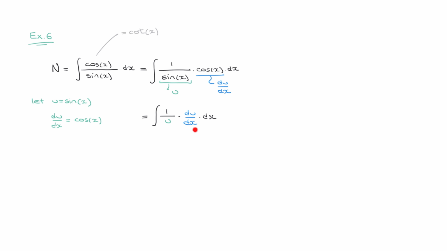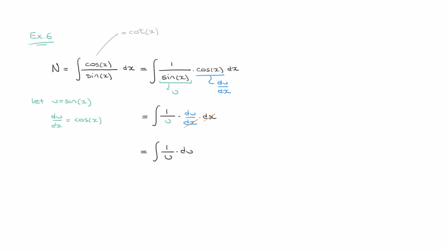And just as we said, the dx's at the end here will cancel each other out, so I can go ahead and cross those out, and we can see that our integral is equal to the integral of 1 over u with du at the end here. And looking at the line we have here, it's perfectly clear that we've rewritten the integral we initially started off with in terms of the new variable u.